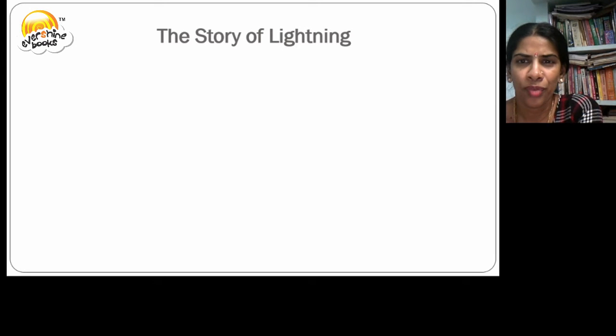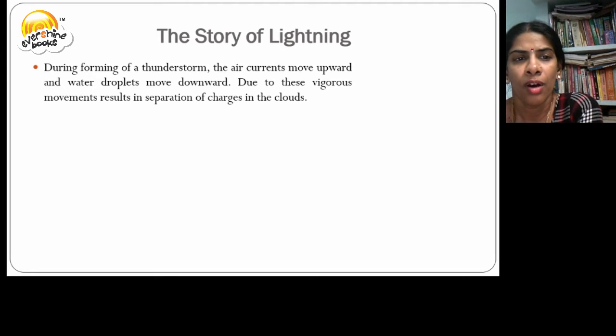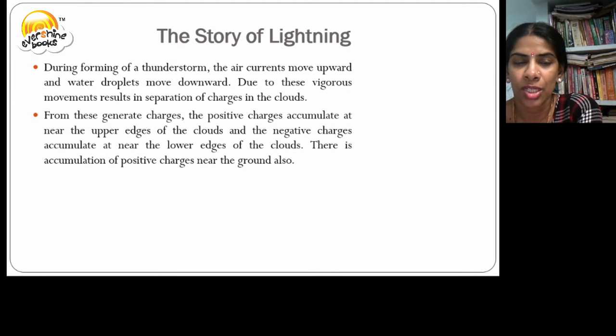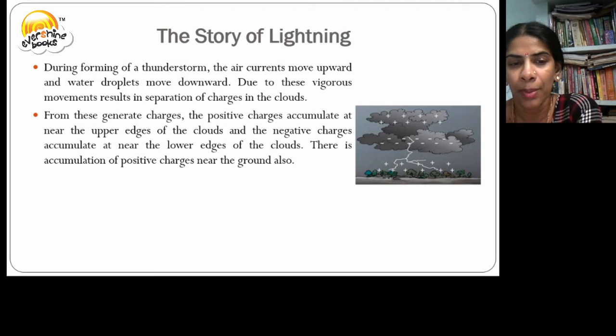What is the story of lightning? During the formation of a thunderstorm, the air currents move upwards and the water droplets begin to move downwards. Due to these vigorous movements, charges get separated in the clouds. The positive charge gets accumulated near the upper end of the clouds. The negative charges get accumulated at the lower edges of the clouds.